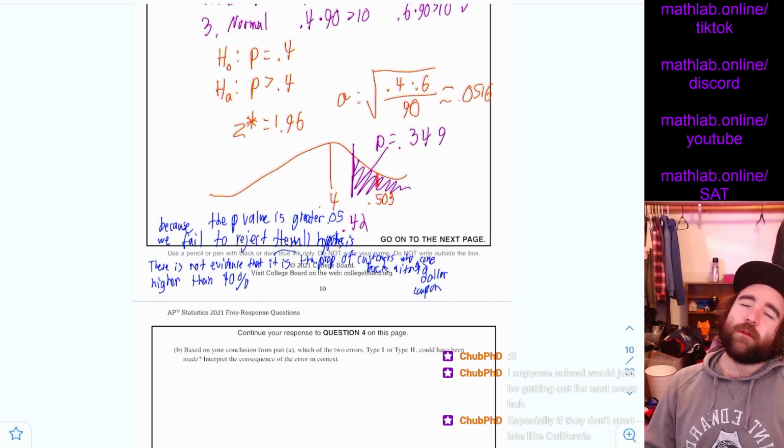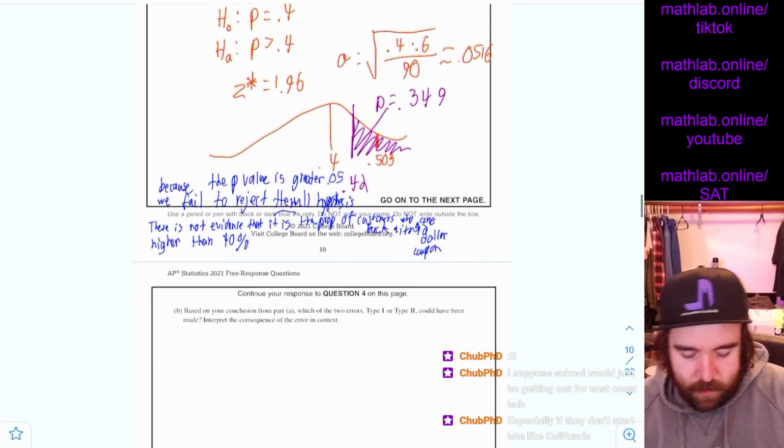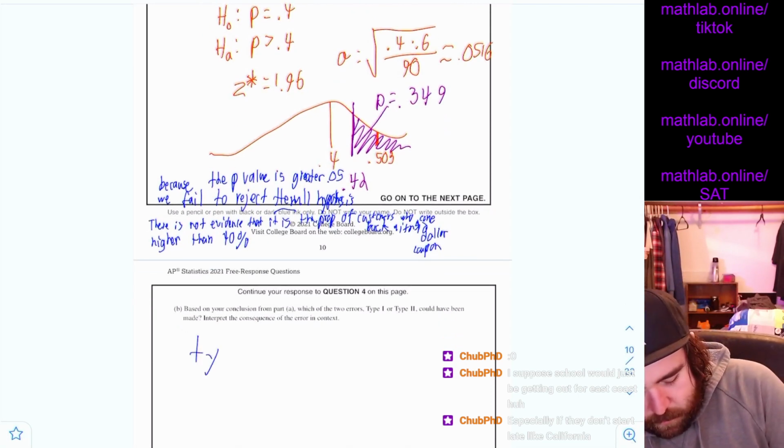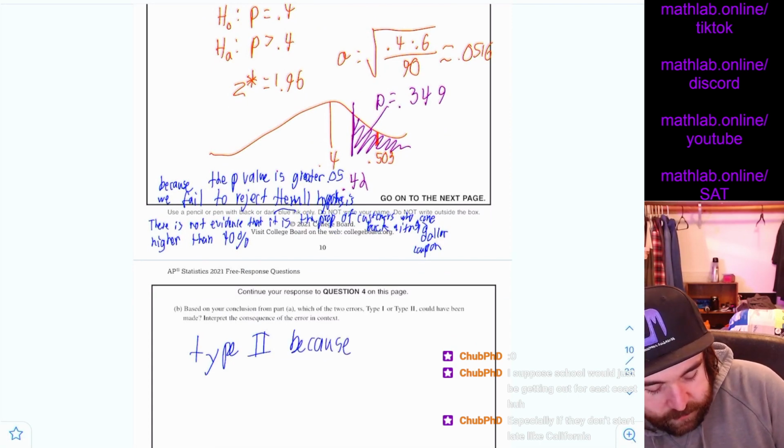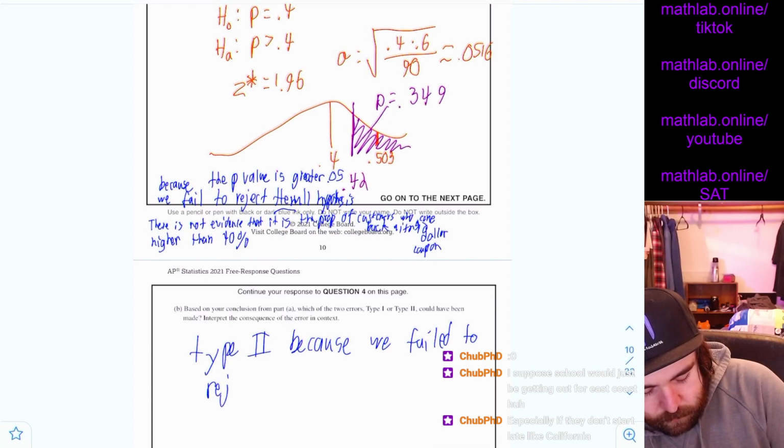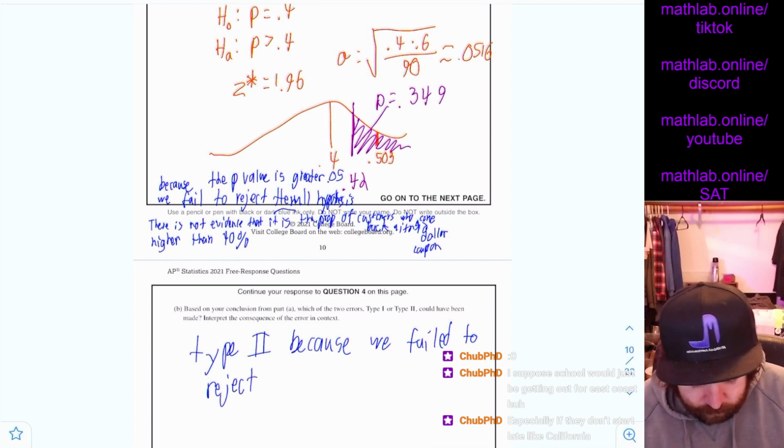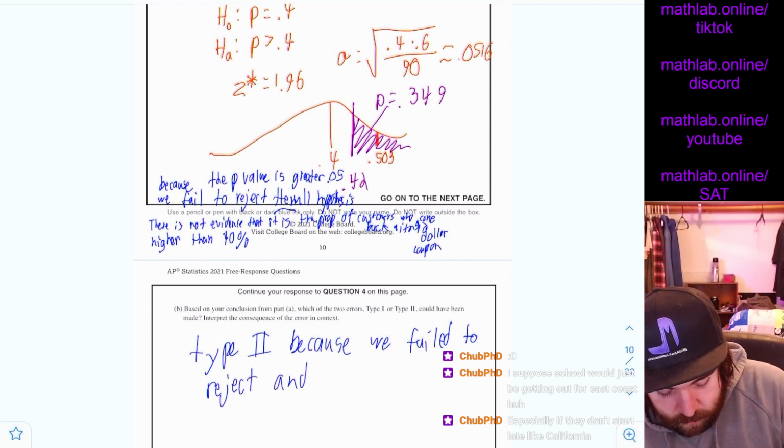So this is type 2, because we failed to reject, and in a type 1 you reject.